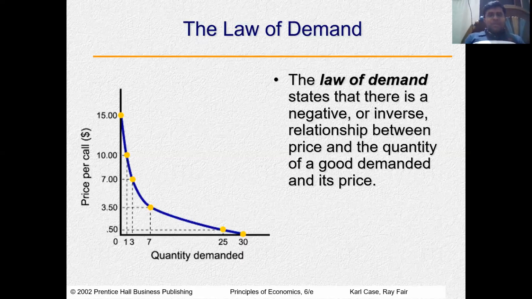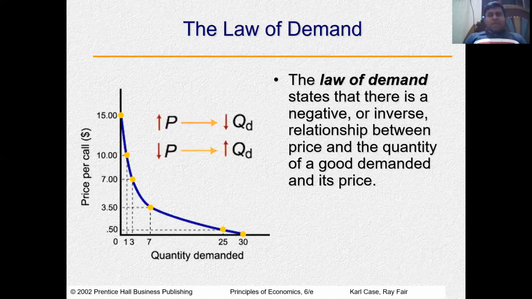So here we can easily observe that as the price goes down, the number of calls in a month or in a day increases, showing that there is a negative relationship between the price per call and the number of calls made. This verifies the law of demand.